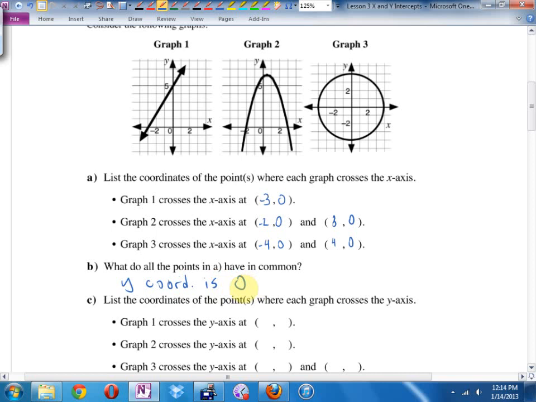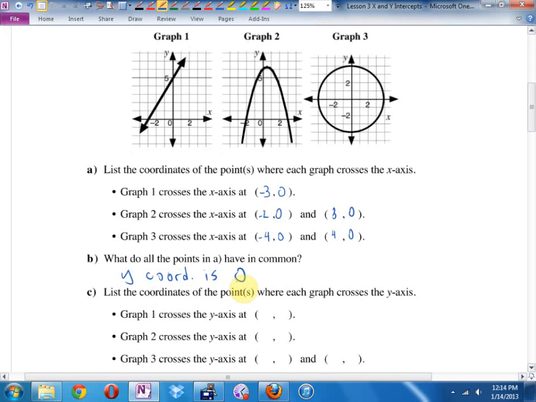Part C says, list the coordinates of the points where each graph crosses the y-axis. Okay. Graph 1 crosses the y-axis right there. What are the coordinates of that point? 0, 5.